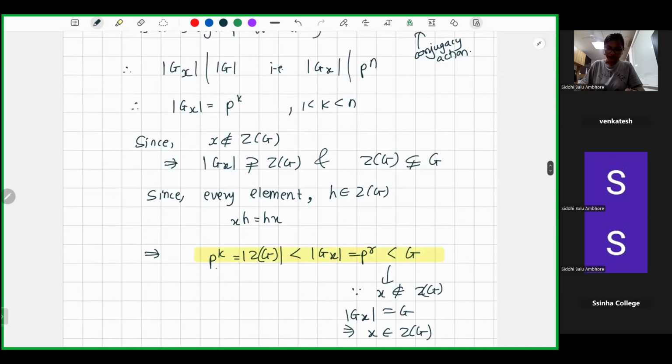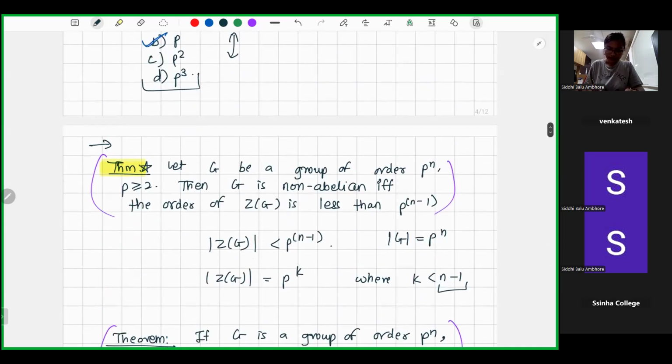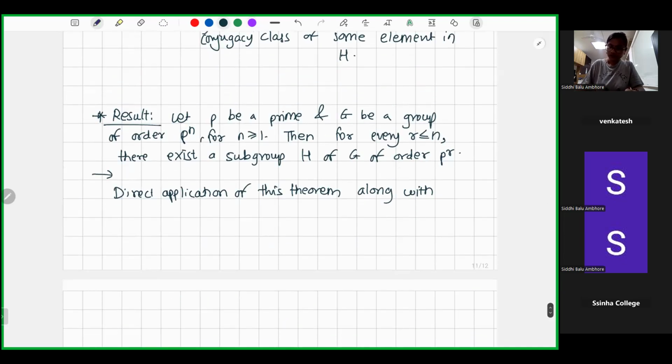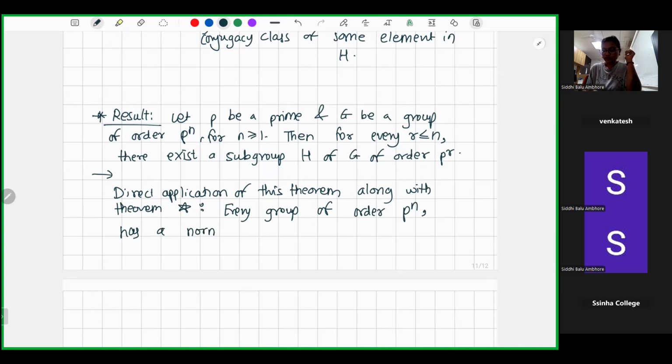If I call this statement theorem star, then every group of order p power n has a normal subgroup of order p power n minus 1. Is this clear to understand, this statement which I just made here?